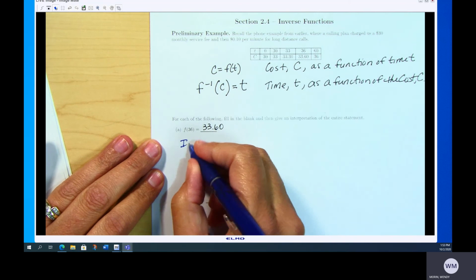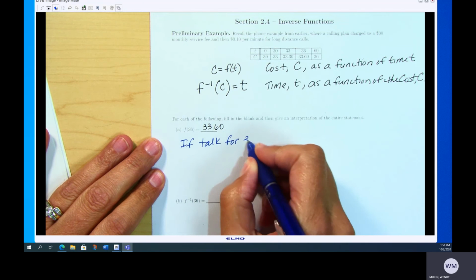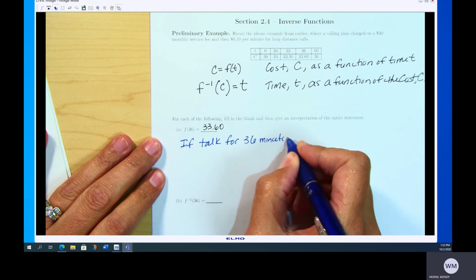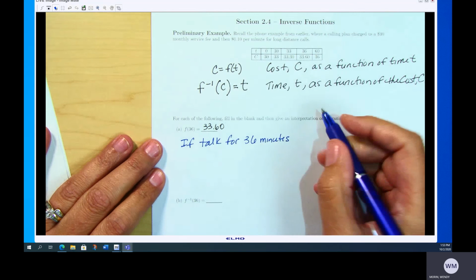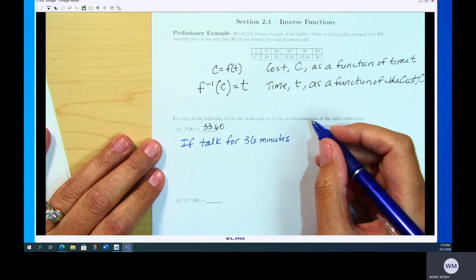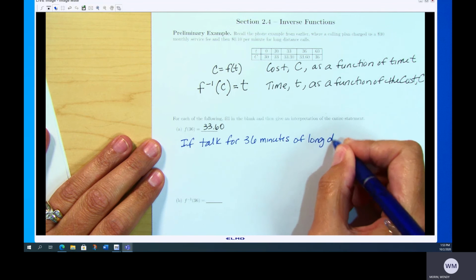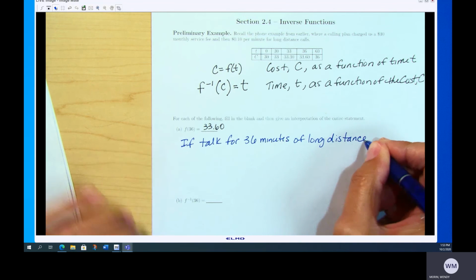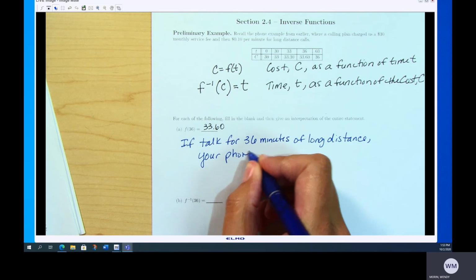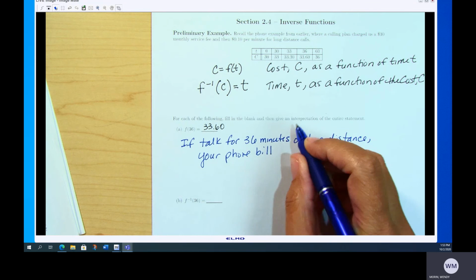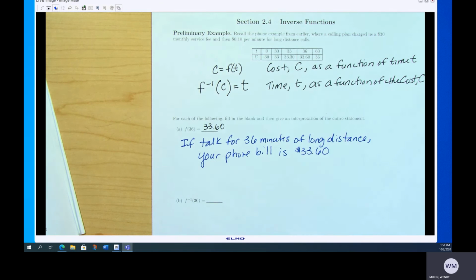It's saying if you talk for 36 minutes of long distance, your phone bill is $33.60.